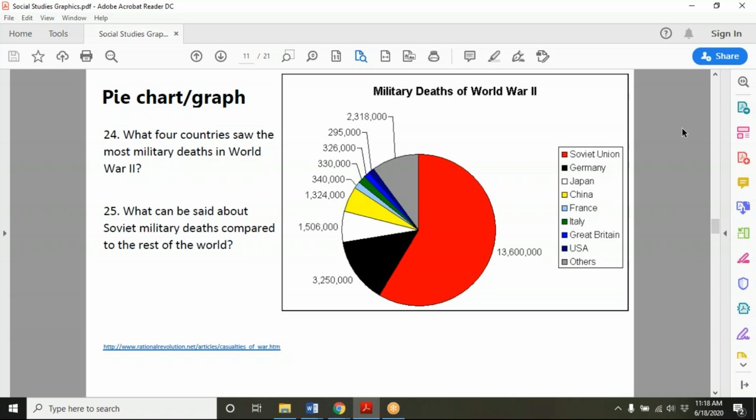I'm pretty sure anything China was involved in during World War II was because of Japan. Of course, Japan is just the islands off the coast of China, and Japan was very aggressive.